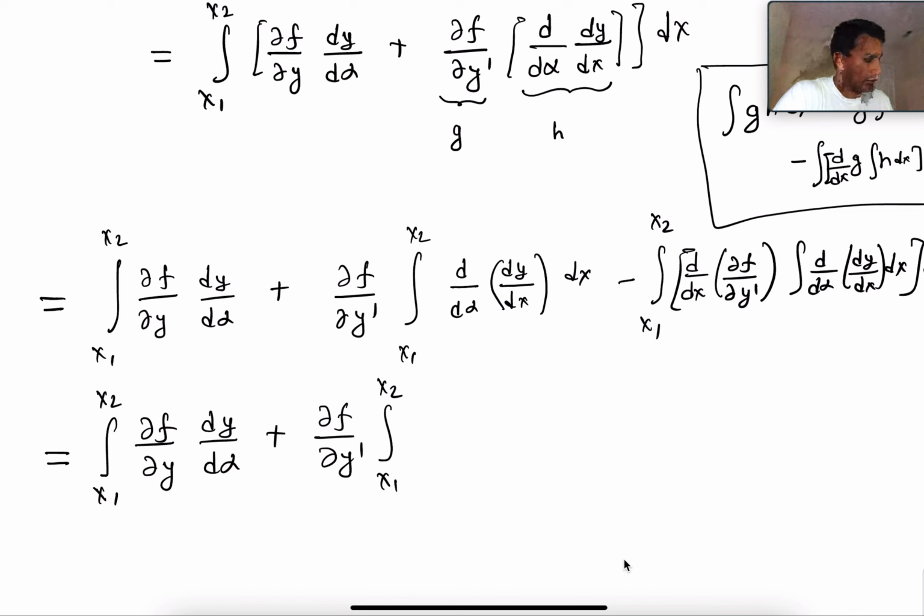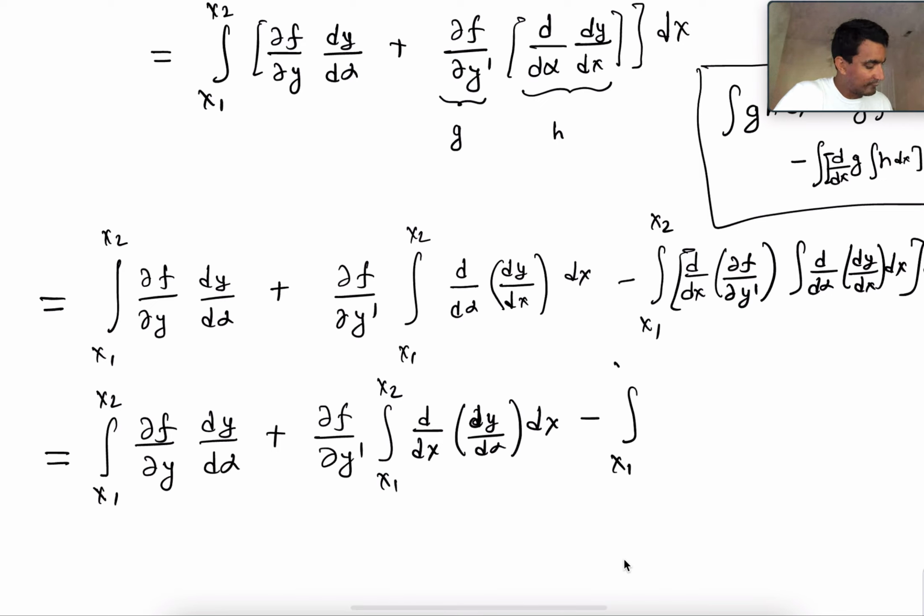Now, what we can do here, because these are full derivatives, we can change the order of differentiation, and we can write it as d by dx of dy by d alpha into dx. And we can do the same thing in the other term.